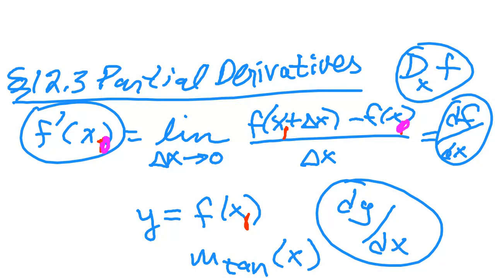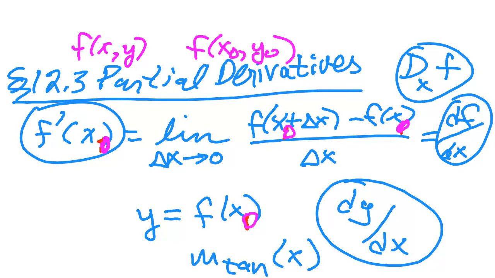So it's kind of crud that they don't use that for a particular point in 2-space. We have f of x, y, and if they want to look at a particular point, they're using f of x 0, y 0. But if they wanted to really match what they did back in chapter 2, they would have actually called that particular point f of x1, y1. But anyway, we're not going to worry about inconsistencies in the book because I didn't write it. They can't pay me enough to do that.